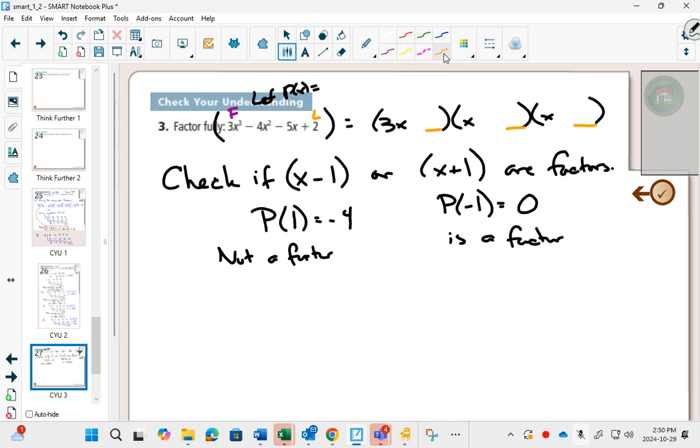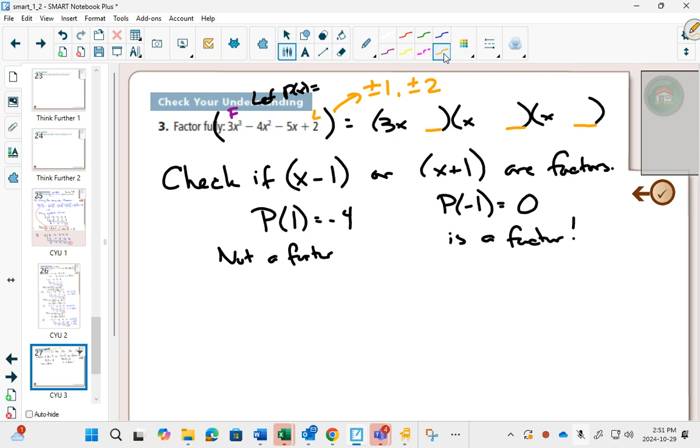So if I was asked to factor this completely, I need to find that first one. And in finding that first one, my last number tells me I should check plus or minus 1 and plus or minus 2. Question? Yeah, I'm a little confused how you got P of minus 1 equals 0.